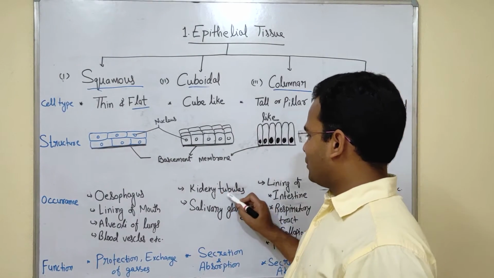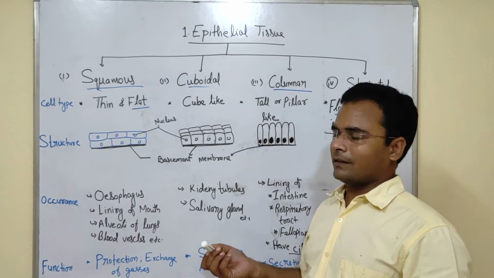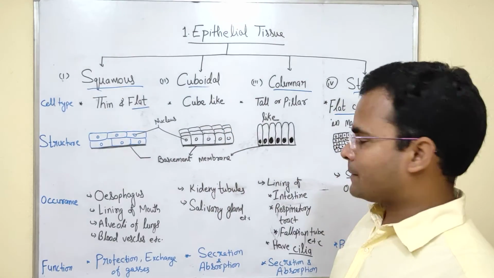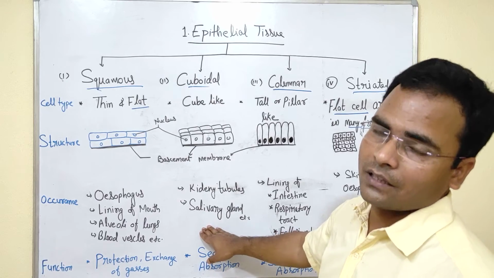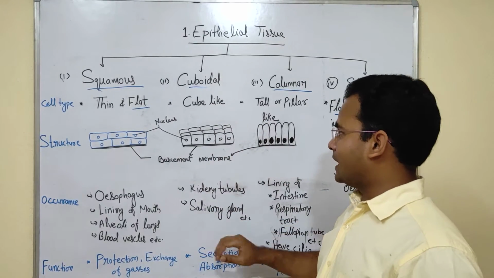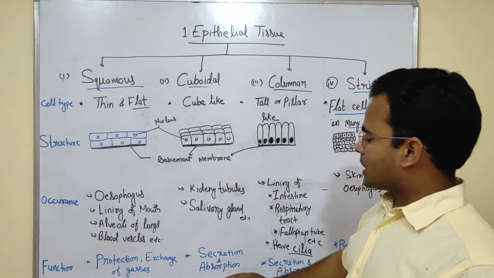Wherever the tubular part is there, like kidney tubules, the cuboidal cells will be present. And if it is present in the glandular part, we will say it's a glandular epithelial tissue, like salivary gland. So here I have combined this one. Its function is secretion and absorption.